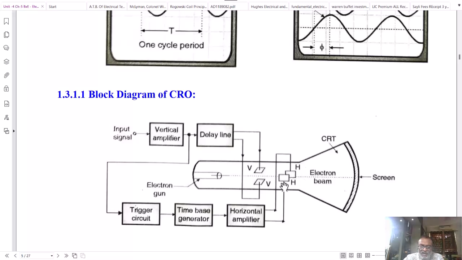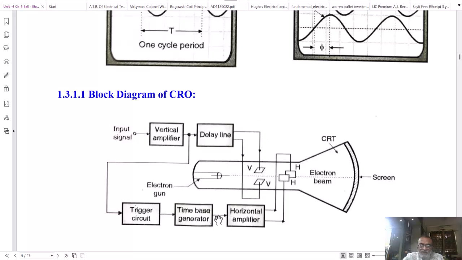This voltage from the horizontal amplifier is capable of deflecting the beam horizontally. The horizontal amplifier provides us the facility of time per division. The gain control of the horizontal amplifier decides the time per division to be measured on the CRO screen.